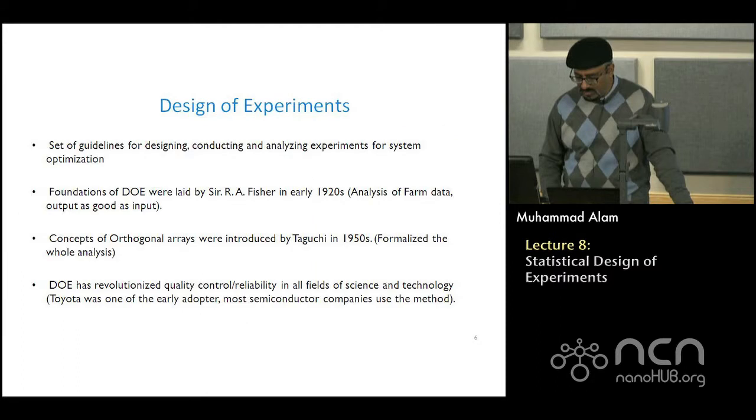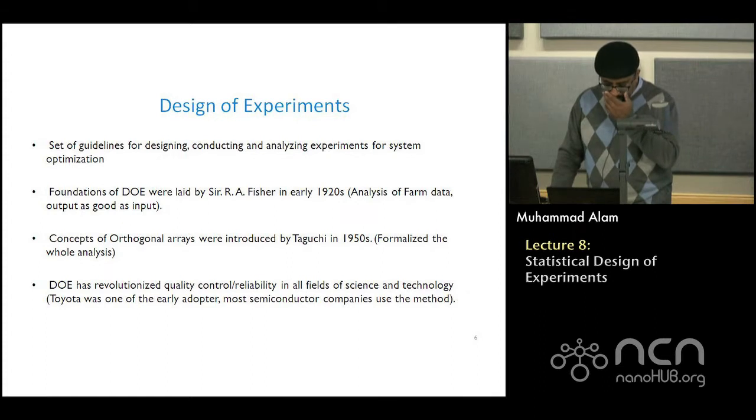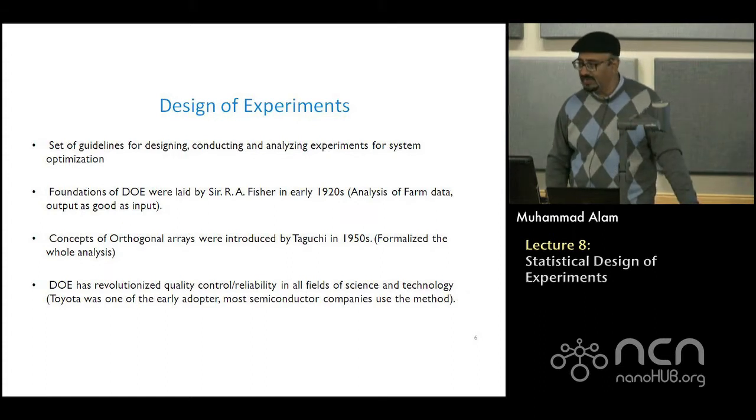Now, this actually started with Fisher, and this whole thing is called design of experiments. And the design of experiment is a foundation of modern manufacturing. In fact, every company does design of experiment.